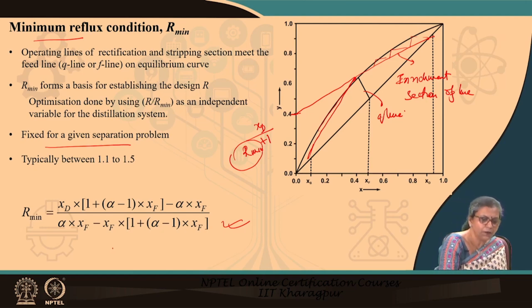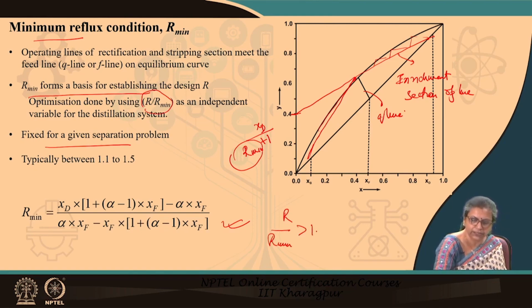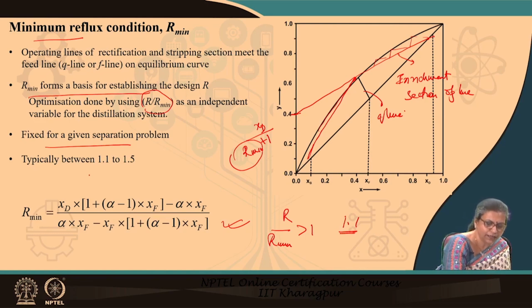Normally what we do, we first find out R minimum for any particular design, and after we have found out R minimum, then we select some particular R by R minimum, right. So, therefore, R by R minimum has to be greater than 1. I just had a slip of tongue, I am sorry.